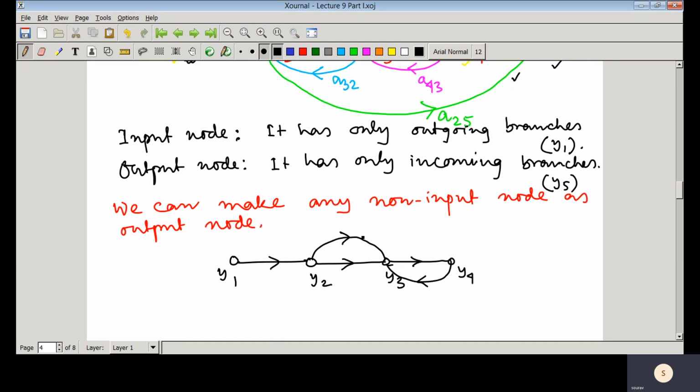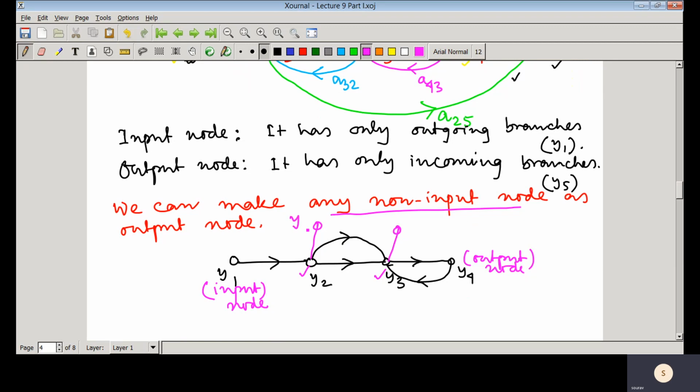In this case, this is the input node and this is the output node. Then according to this statement, we can make any non-input nodes, which here are Y2 and Y3, output nodes.